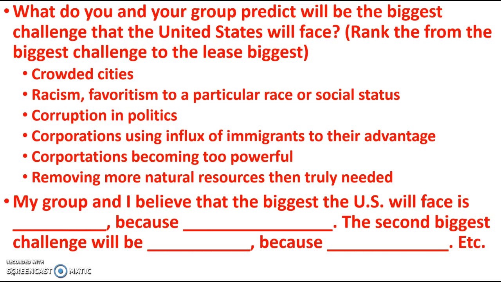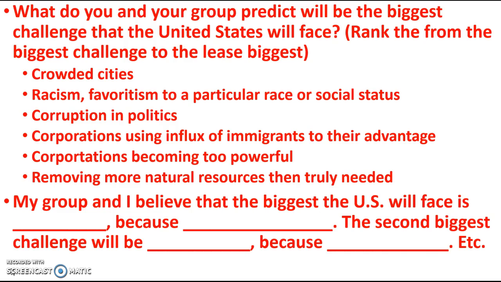Do you think it will be crowded cities, fascism, favoritism of a particular race or social status, corruption in politics, corporations using the influx of immigrants to their advantage, corporations becoming too powerful, or removing more natural resources than truly needed? Which one do you think is going to be the biggest challenge that the United States will face? And go down the list to the least biggest challenge.